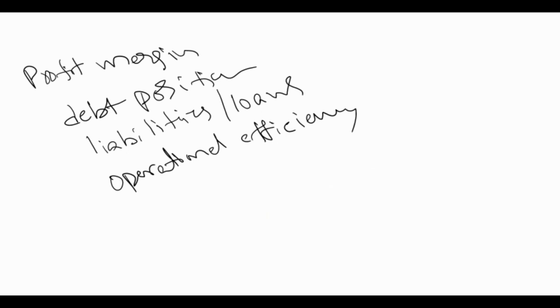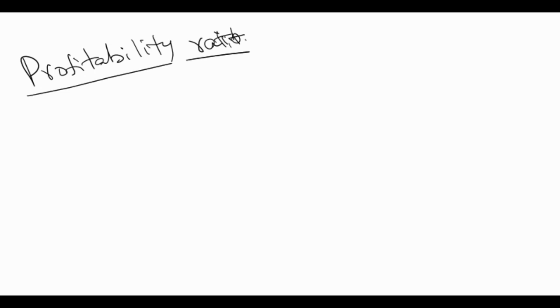First, let us look at the profitability ratio. What does this profitability ratio tell us? It tells us how good a company is at making money, because profitability is all about making money.